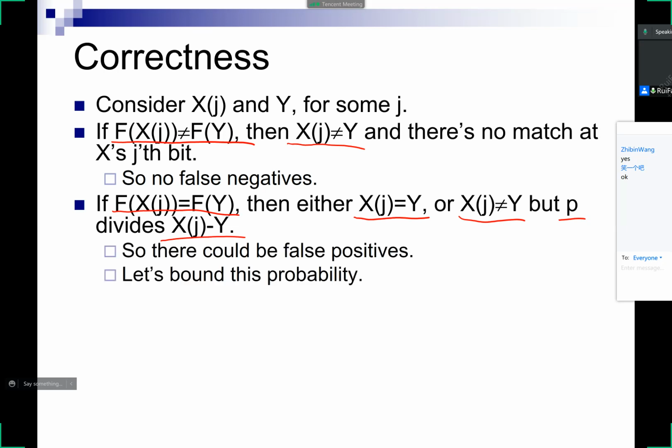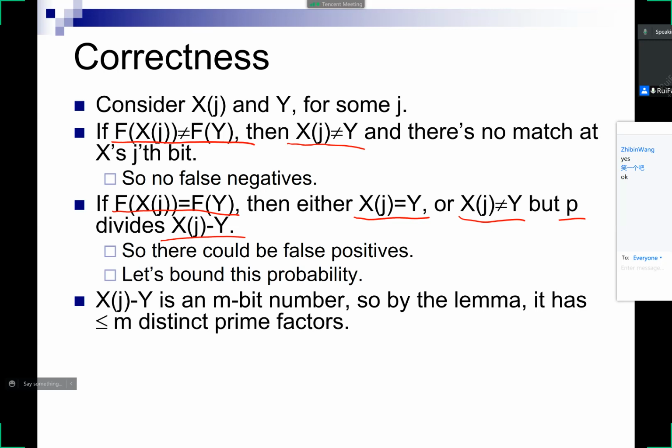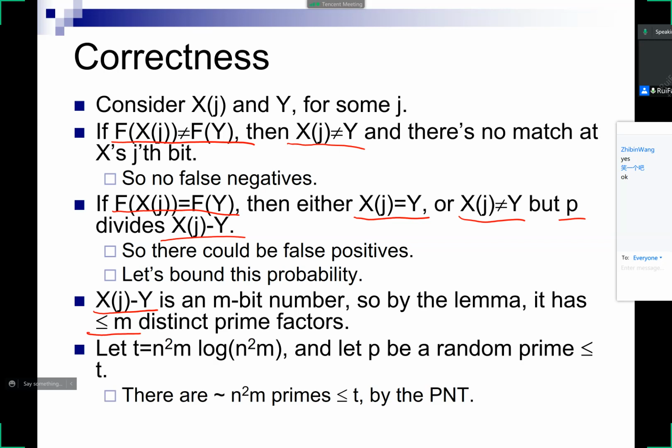Now we're going to bound this probability. We know that x of j and y are both m-bit numbers, so their difference is also an m-bit number. By the previous lemma that we had, we know that this number has at most m distinct prime divisors. And now we're going to choose our t value.